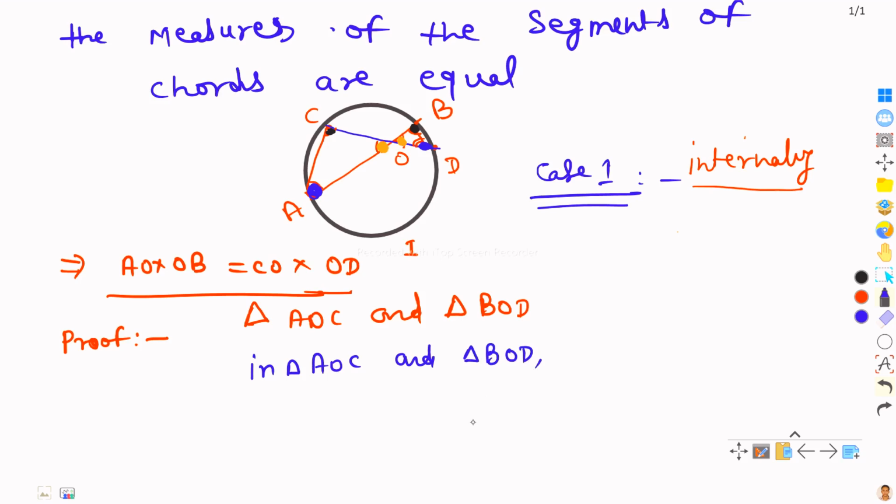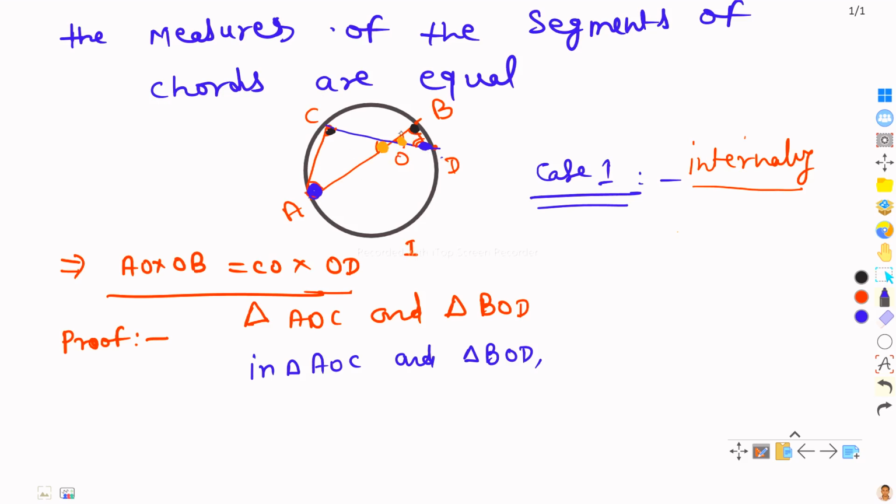the angles with vertices of the same color are of the same measure. That is, angle C and angle B are equal, angle A and angle D are also equal, and angle AOC and angle DOB are also equal. Why?